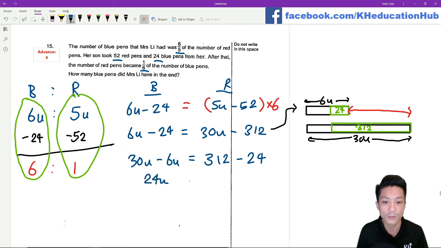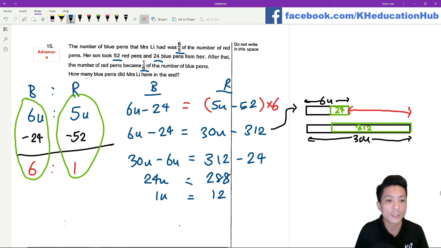Now 24 units is equal to 288, which means that 1 unit is equal to 12.